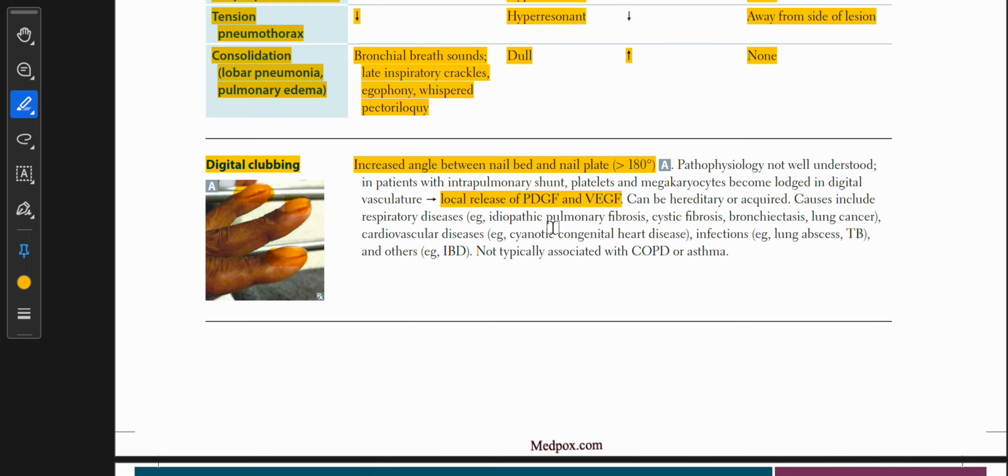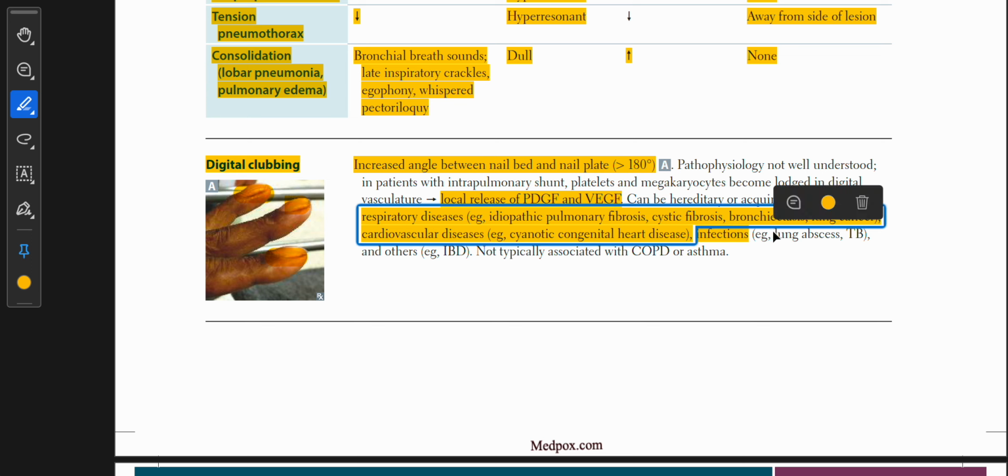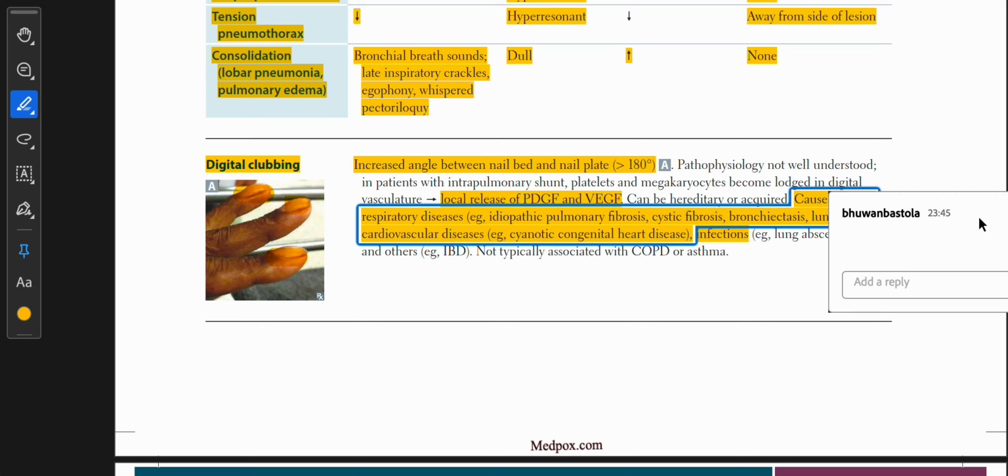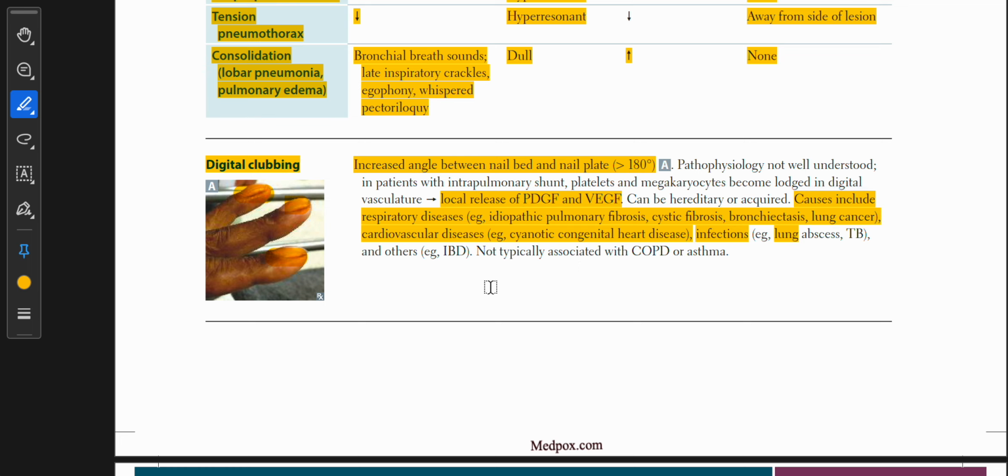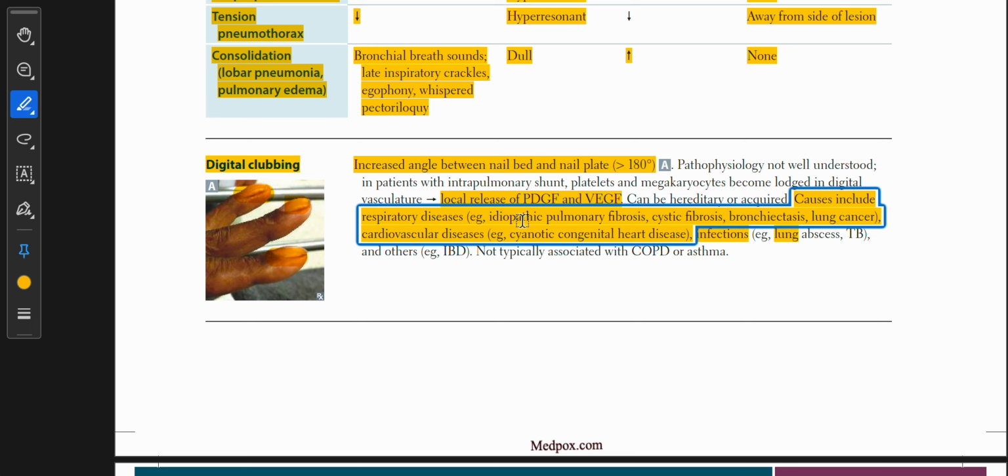The causes include respiratory diseases like idiopathic pulmonary fibrosis, cystic fibrosis, bronchiectasis, lung cancer, and also cardiovascular diseases like cyanotic congenital heart disease, and infections like lung abscess and TB, and others like IBD, which is inflammatory bowel disease.